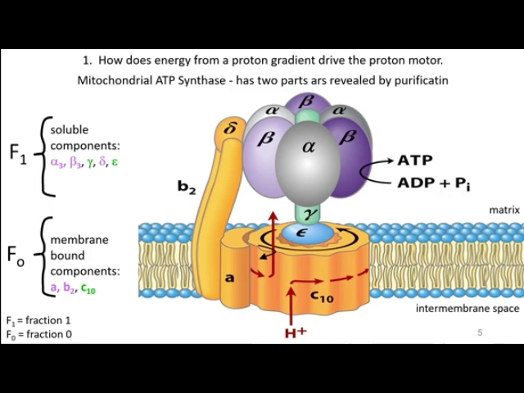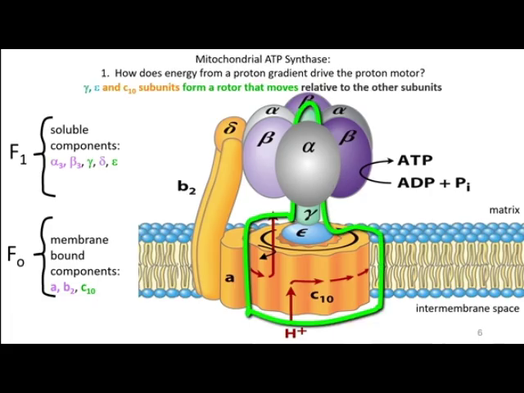Now, that's not how they work, though. In fact, when they work, you should think of the subunits differently. In particular, the C subunits that are transmembrane, and then the Greek letter ones, the epsilon and gamma, form a rotor. And that rotor, outlined in green, turns with respect to everything else.